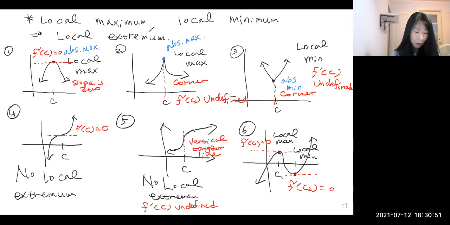But number 4, we don't have any local extrema, right? And for number 2, number 3, number 5, f prime of c is undefined. That means we cannot take the derivative at the point, right? Undefined means it does not exist. But number 2 has a local max, and number 3 a local minimum. But number 5 has no local extrema. Can you see that? Okay.